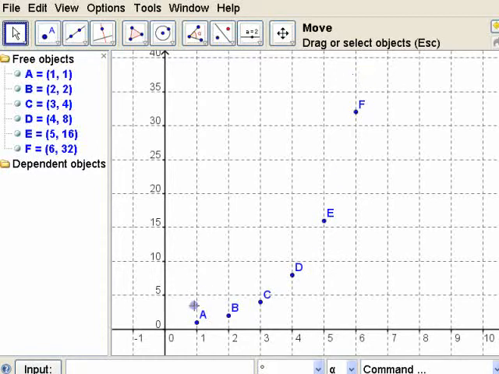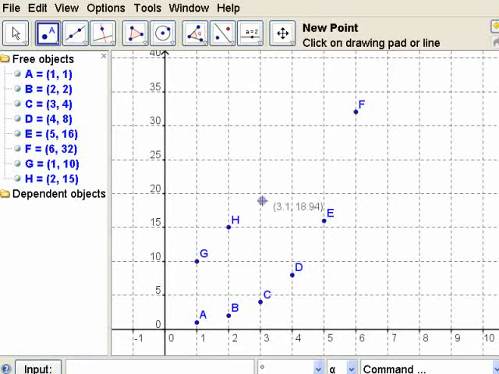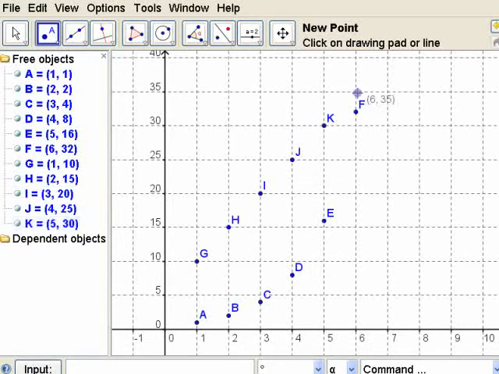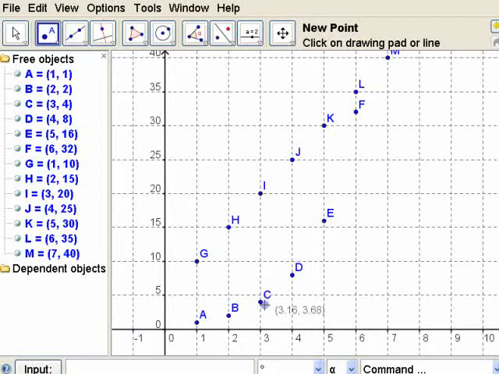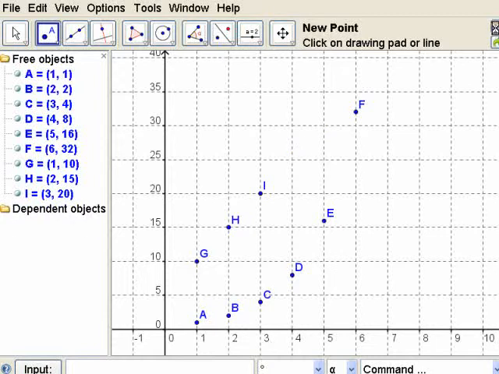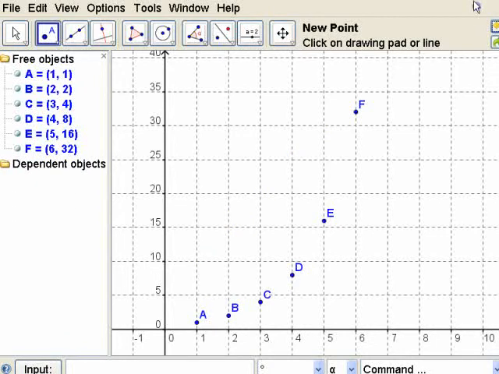Whereas if I put points for an arithmetic sequence, like if the first term was 10, then the next one was 15, then 20, 25, 30, arithmetic sequences are straight line functions, linear functions, whereas geometric sequences are exponential functions.